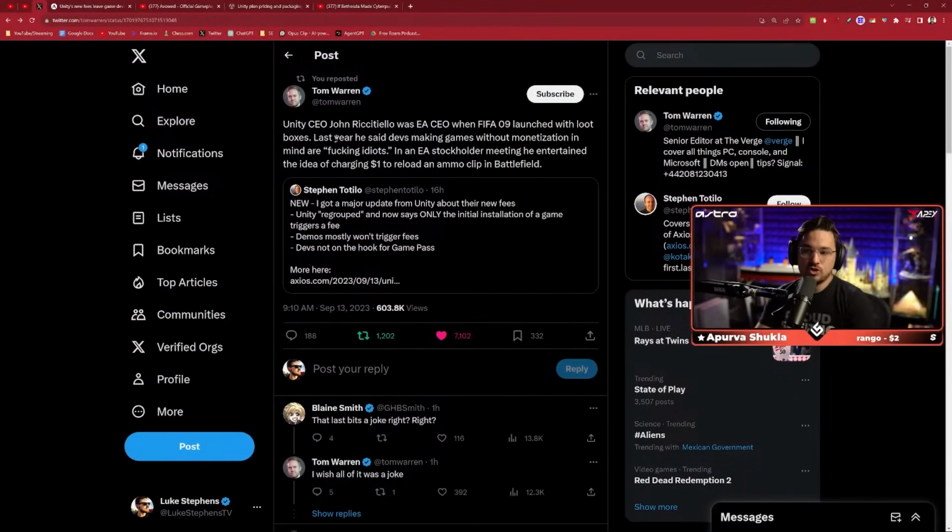The Unity CEO, John Riccitiello, I don't know. John, damn it, John, was EA CEO when FIFA 09 launched with loot boxes. Last year, he said devs making games without monetization in mind are effing idiots.